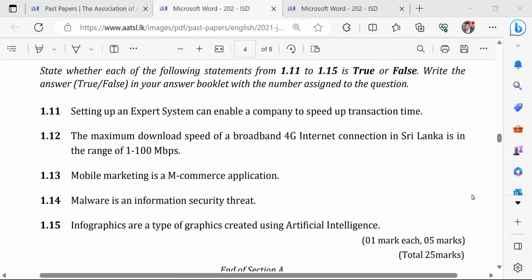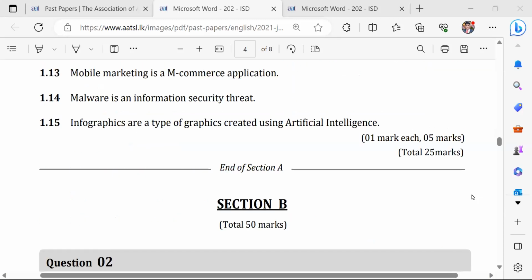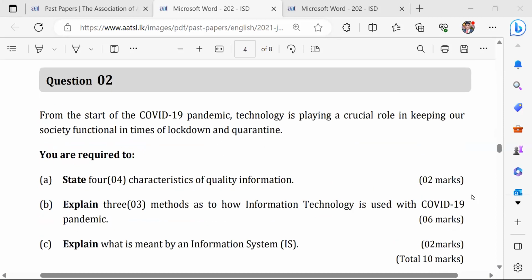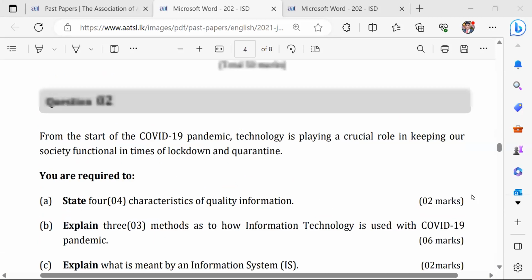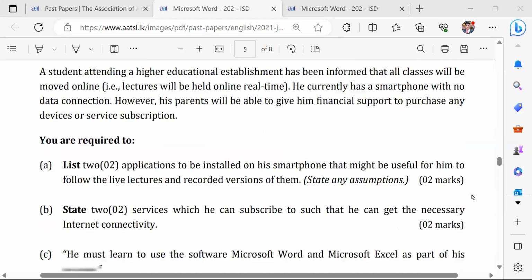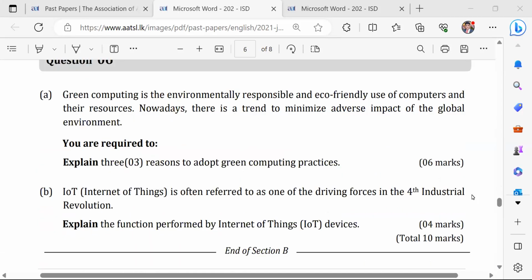For the next 5 questions, 1 mark is allocated for each, 5 marks for all 5 questions. That is to mark true and false. Then there are other questions, 2 to 6, 10 marks for each. 10 into 5 is 50, plus 25 is 75 for section A and section B.